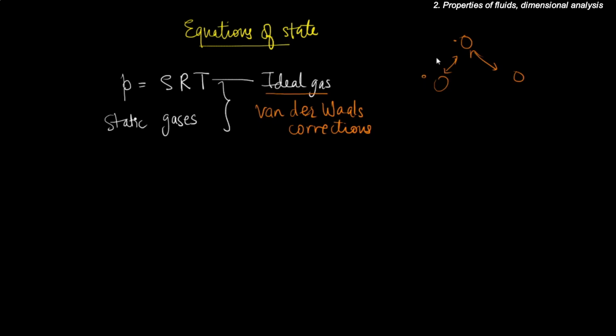But what about the equation of state for liquids? There is no such equation of state for liquids, but however we can find out, using empirical formulae, certain relationships between pressure, density and temperature for a liquid as well.